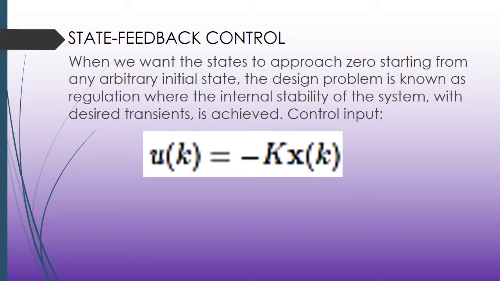When we want the states to approach zero starting from any arbitrary initial state, the design problem is known as regulation, where the internal stability of the system with desired transient is achieved. The control input has the formula u of k equals negative Kx of k.